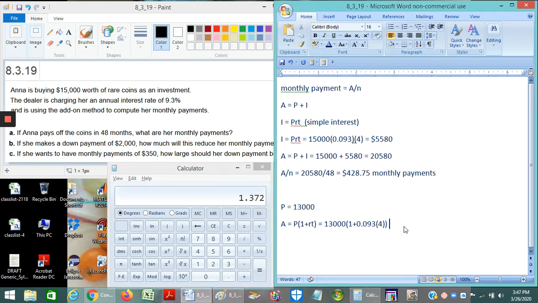So what we have is that the principal, the $13,000 times 1.372, because that's the principal and the interest multiplied and added together.